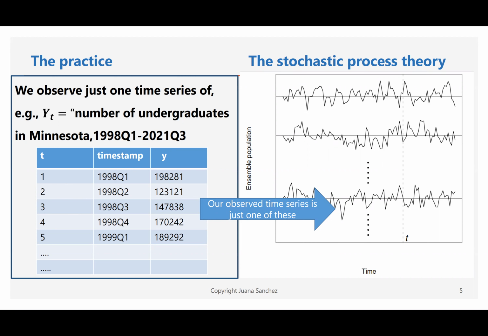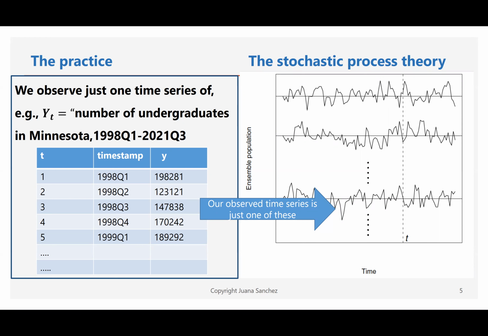So that's what makes time series a little bit less intuitive than other statistics random samples. In a typical random sample, we expect to increase the sample size. Well, here, we only have one observation, one sequence, but that's where the theory of time series is going to come in and help us.